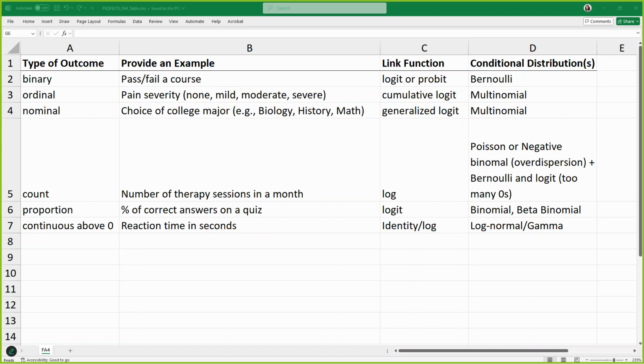Great. So, finally, for question 1, when we have continuous outcomes above 0, for instance, reaction time in seconds, we can use mainly two options we're covering in class. We can use the log normal or gamma conditional distribution, in which case we can use the identity link function or the log link function respectively.